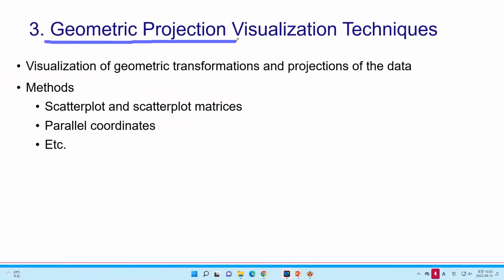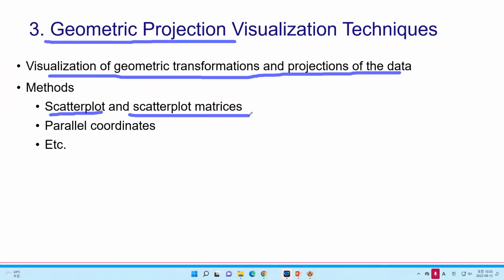Geometric projection means we use the geometric visualization of the geometric transformation and projection of the data. Some methods, I think you already know about the scatter plot, and there are scatterplot matrices, and other methods like parallel coordinates.